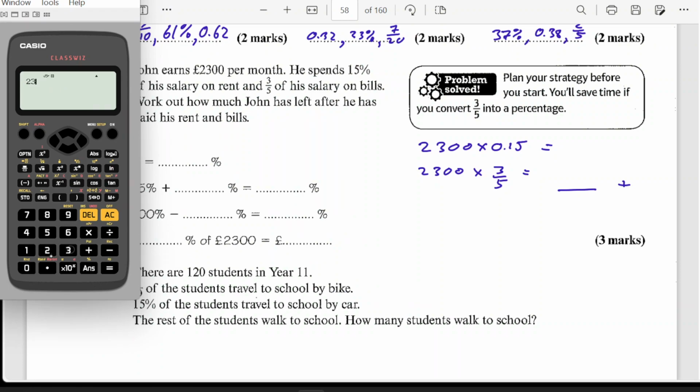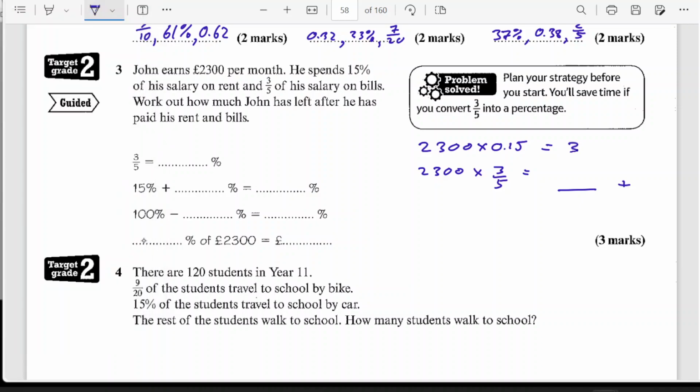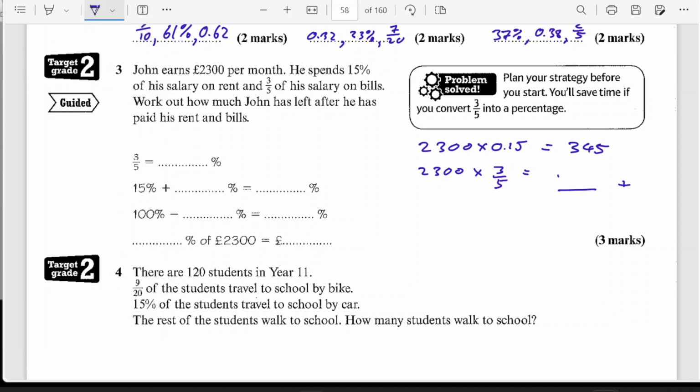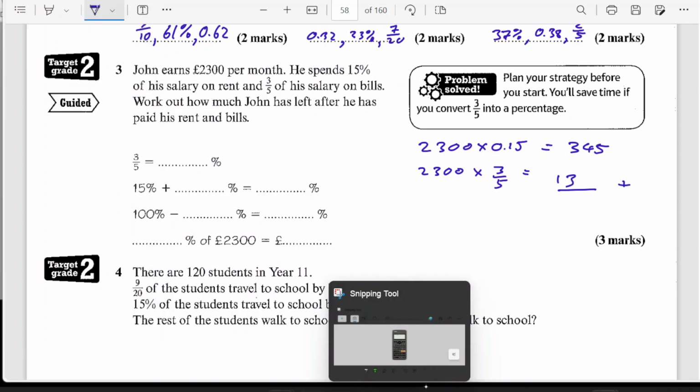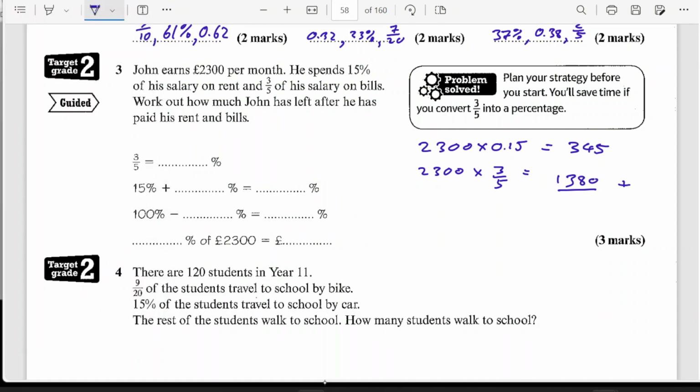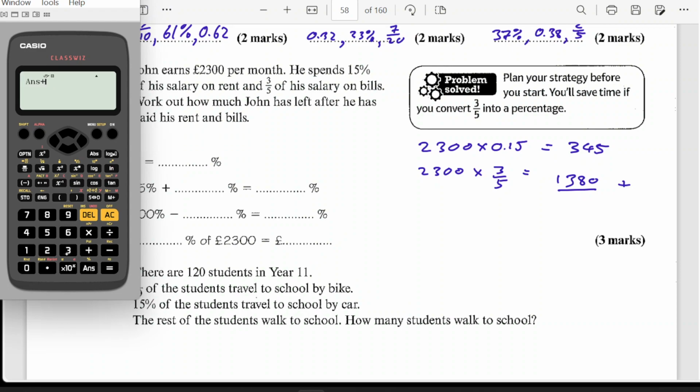So 2,300 times by 0.15 is going to be 345, and then I'm going to go back and change that to 3/5. I'm actually going to take a slight shortcut and call that 0.6, because it would be 6 out of 10. So that gives 1,380. When I add those two figures together, I will get the amount of money that he spent.